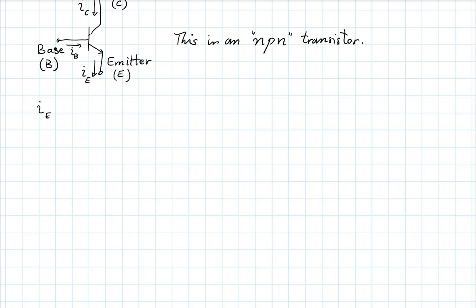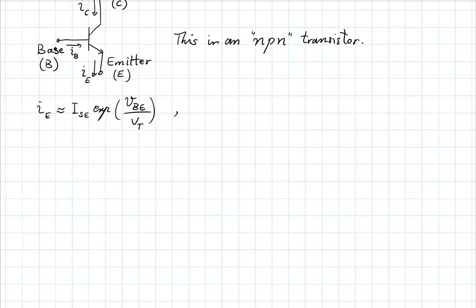IE is approximately some saturation current, let's say emitter saturation current, exponential of VBE over that thermal voltage. And again, I neglected -1. Okay.